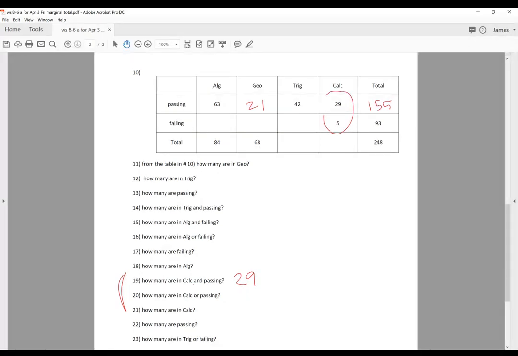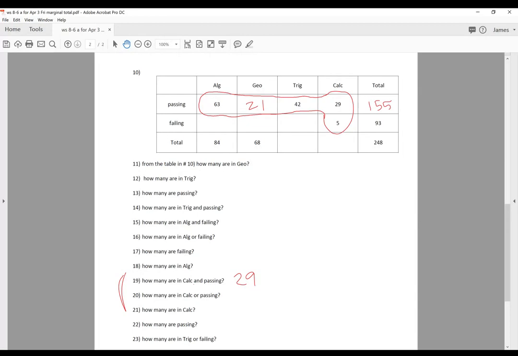These people are in calculus class. But I'm also taking the people from the passing group. So it's more of an overlapping set, but we look at the union of those two sets. You put all those people in one group, either passing or taking calculus.